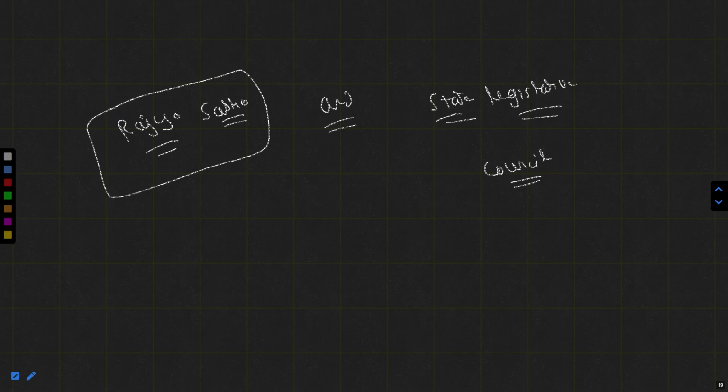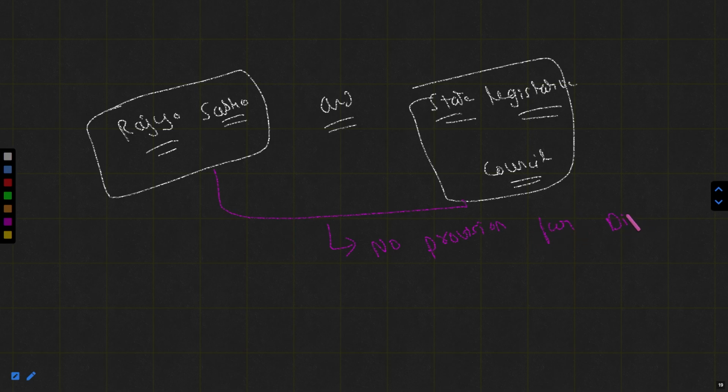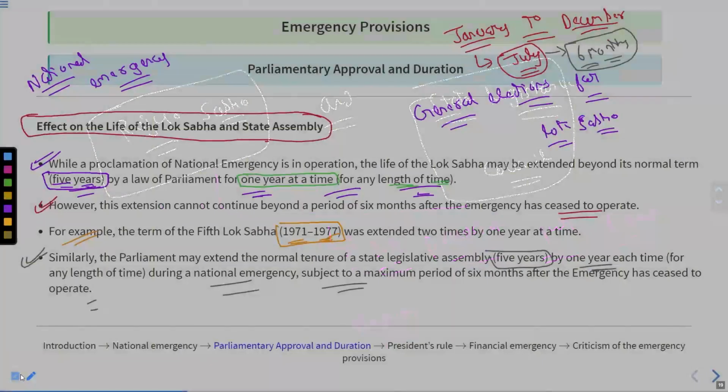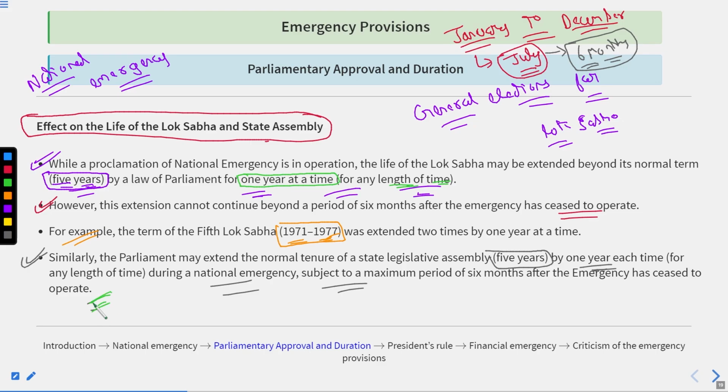Because for this, there is no provision for direct elections. Okay, no provision for direct elections for them, right? That's the thing.